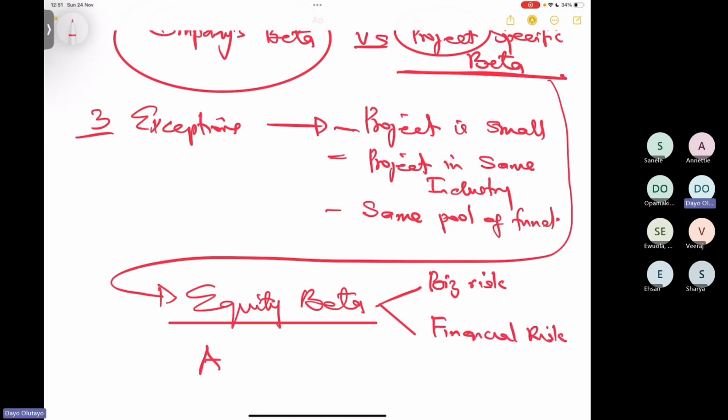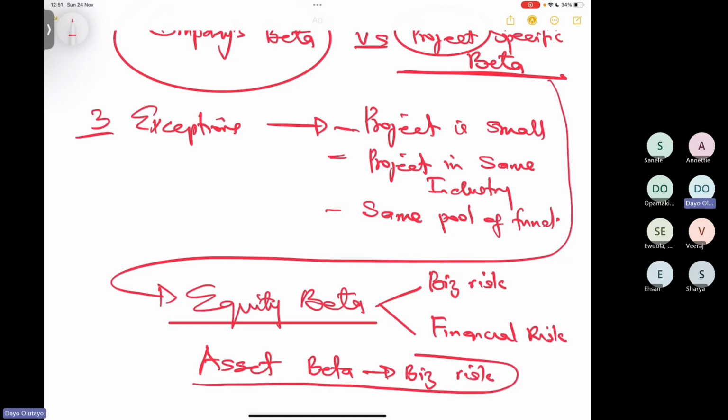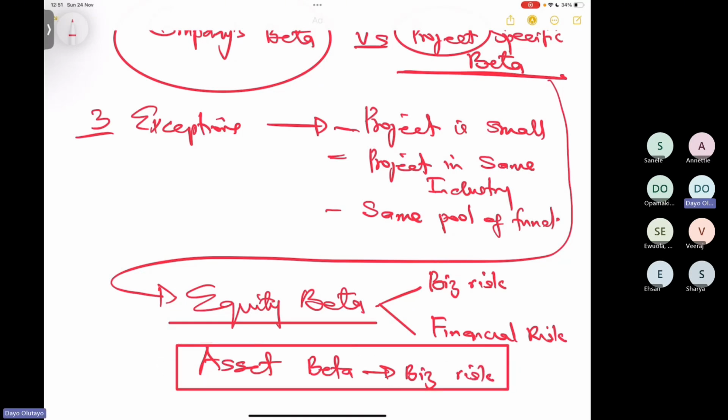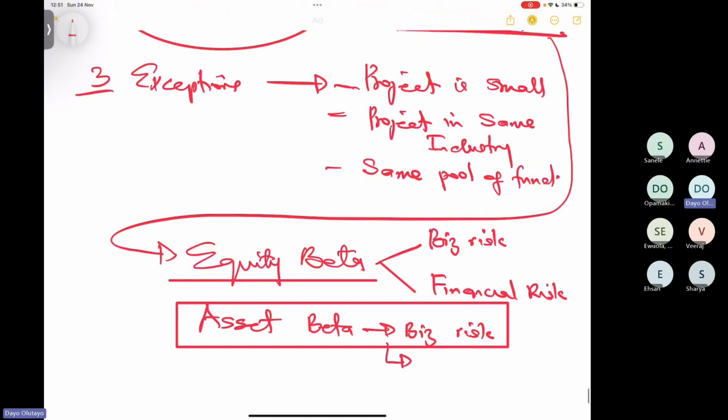Whereas the asset beta is just the beta for the business risk. So this is not complete. This will only make sense if the company has no gearing, which means no debt. But you hardly find a company without debt.